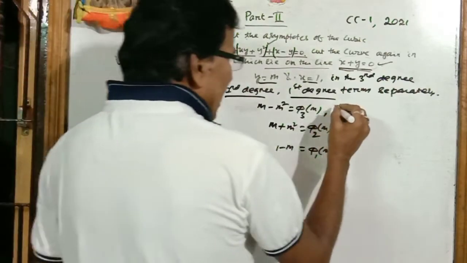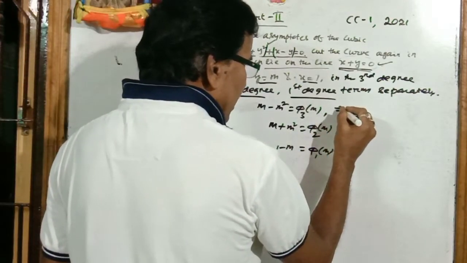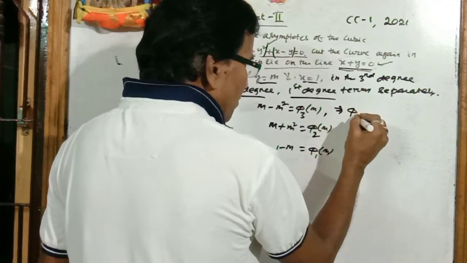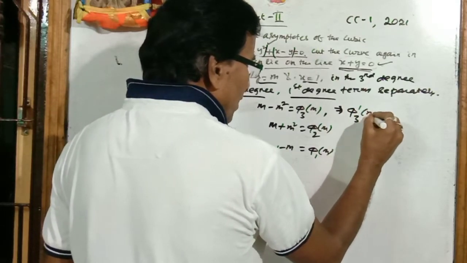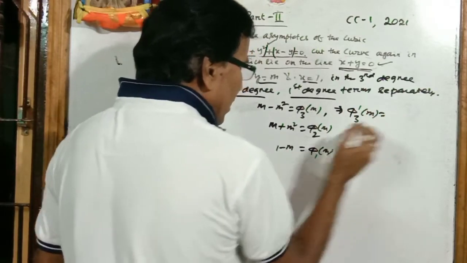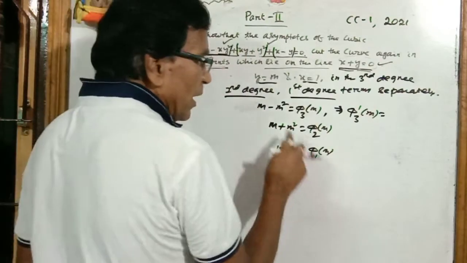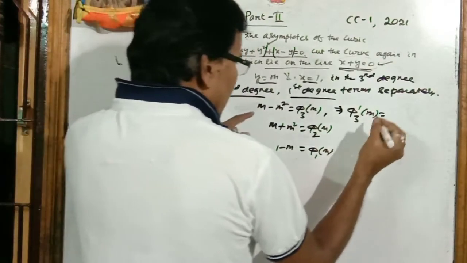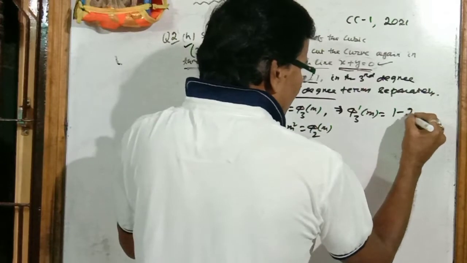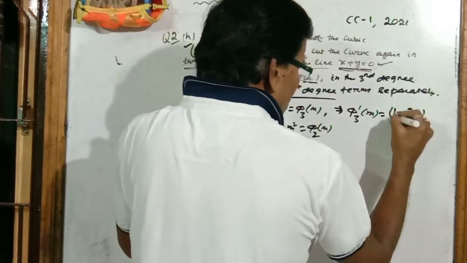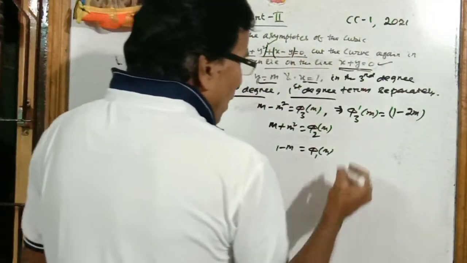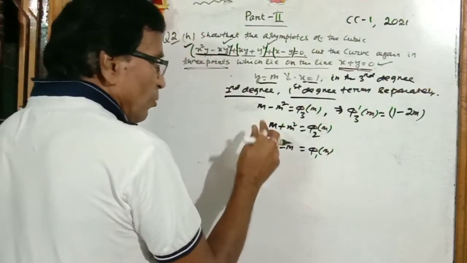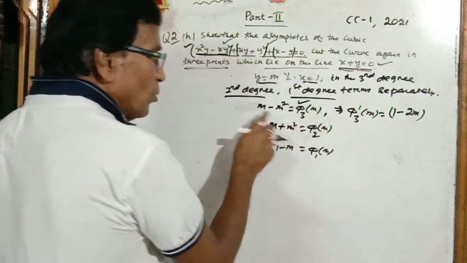Now, again we will find out the derivative, that means phi 3 dash of m. That means it is the derivative of m minus m square with respect to m, that is equal to 1 minus 2m. So first we have to equate phi 3 of m to 0.